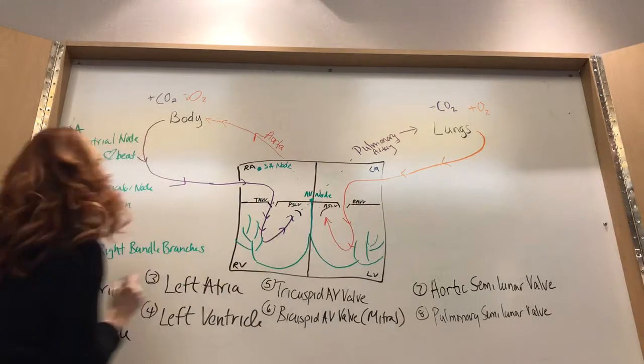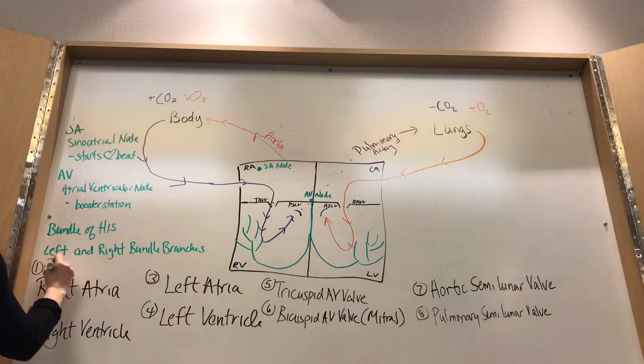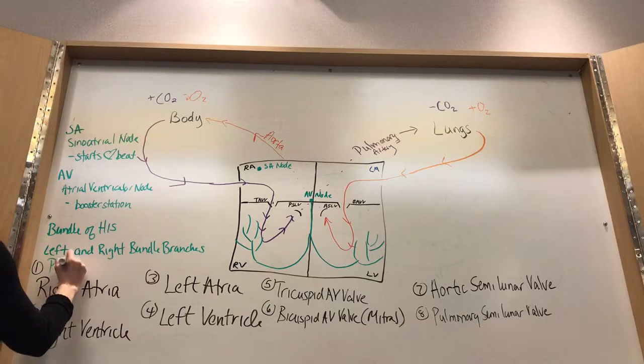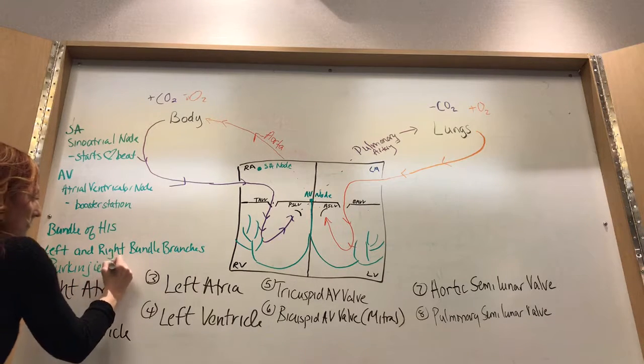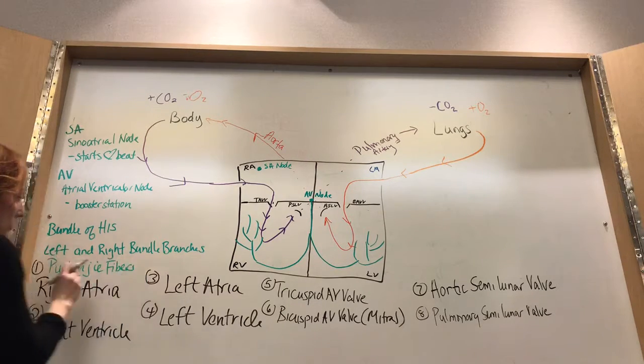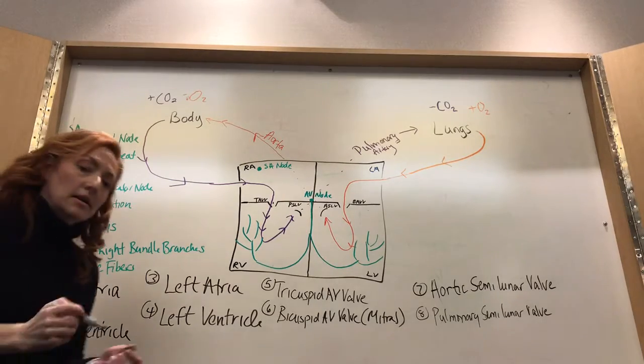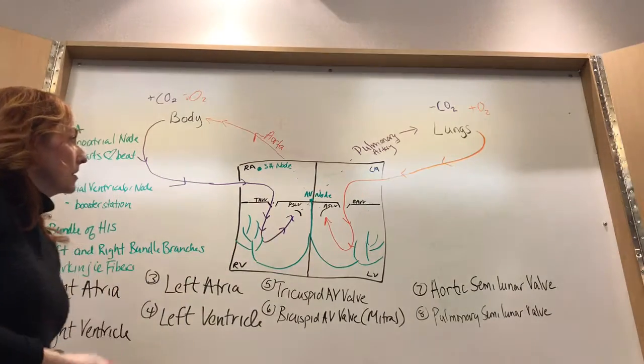And these little tree-like things are the Purkinje fibers. Purkinje being the person who discovered that and identified that anatomy in the heart.